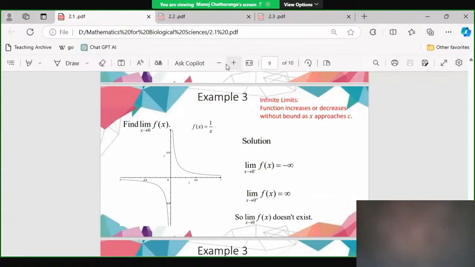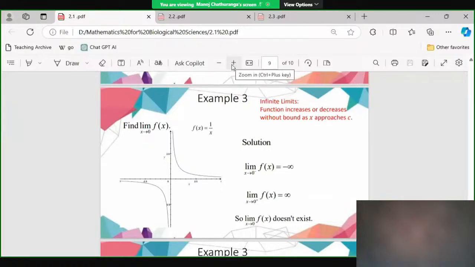So this function has this bad point at 0. What happens near 0 is, for a very small positive value, the y value becomes very large. For example, let's say x equals 10 to the power -10.